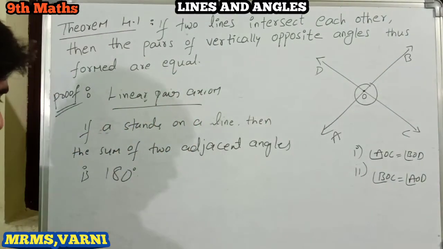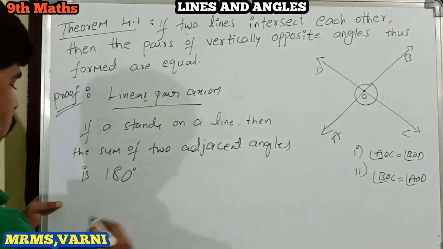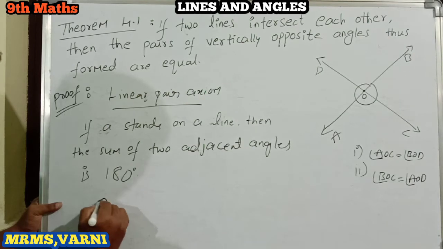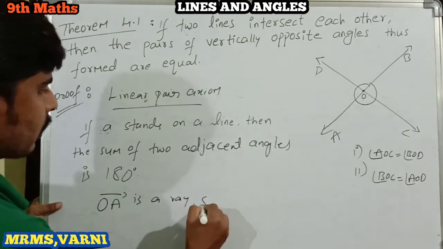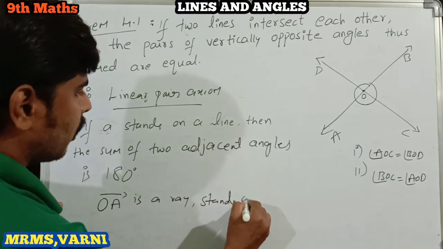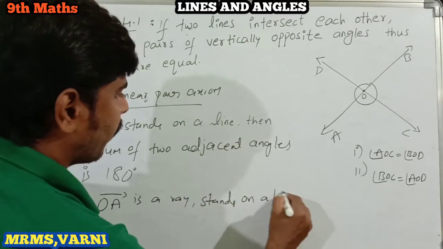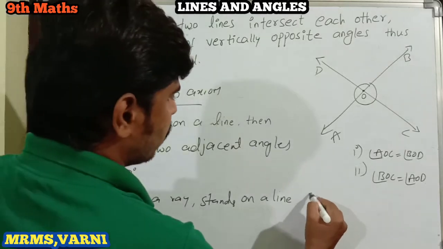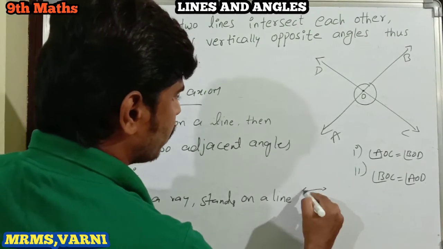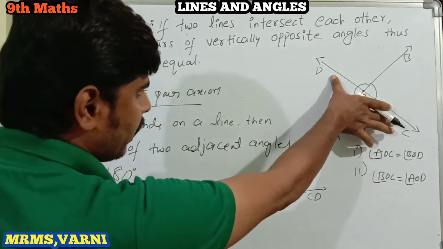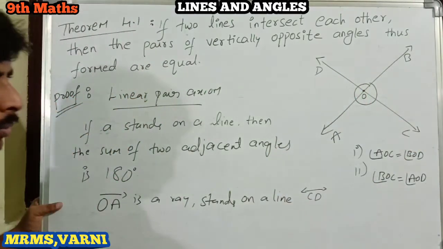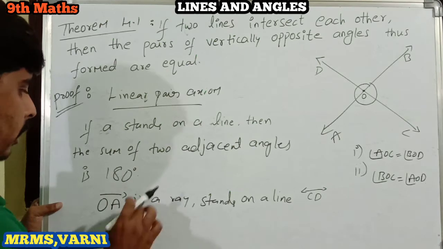Look at here. OA is a ray that stands on a line CD, isn't it? Is it clear? What are the angles formed here?